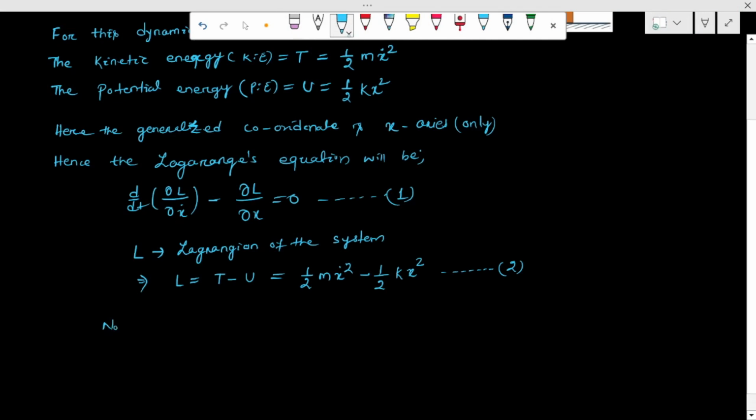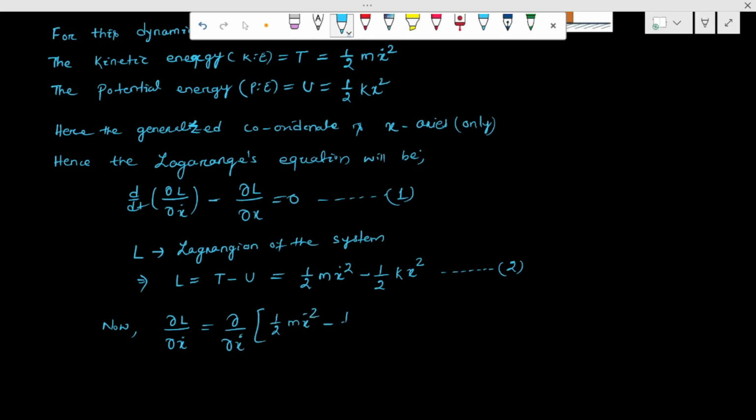Now del L by del x dot will be how much? Here del by del x dot of half m x dot square minus half k x square. The second term does not contain x dot, so obviously it will be 0.